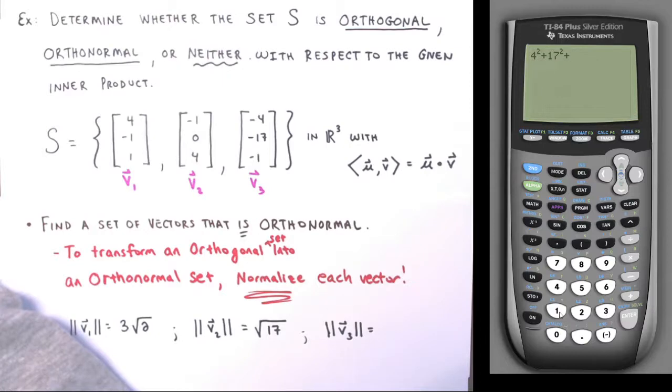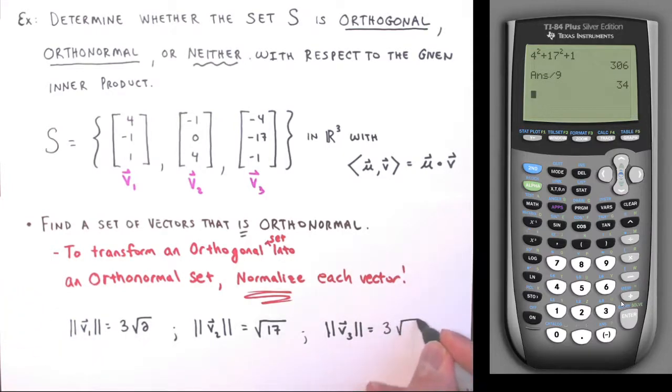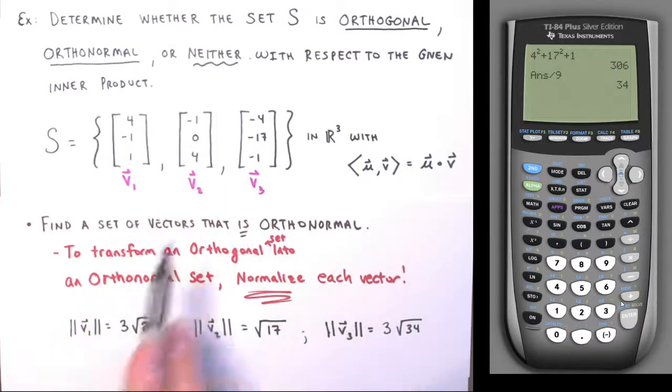So 306. I think 9 would go into this 34 times. So this is 3 times the square root of 34. The square root of 306 you could write as the square root of 9 times the square root of 34, 3 times the square root of 34. Alright, so I have the norms of each vector.